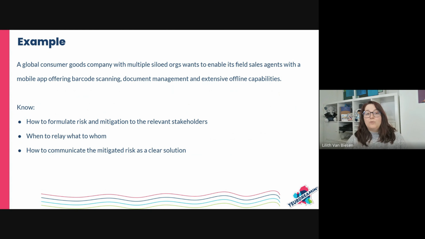And when we communicate that, we will already be communicating how we intend to mitigate this risk. We will already be bringing a solution, because going back to what an architect is, well, it's a lead, right? They're a leader, they take ownership, and that is exactly what they need to do in their communication as well.